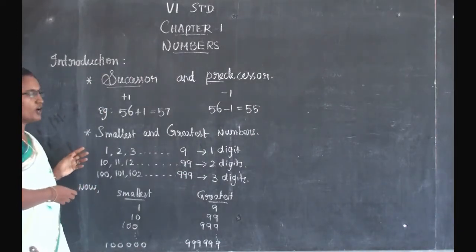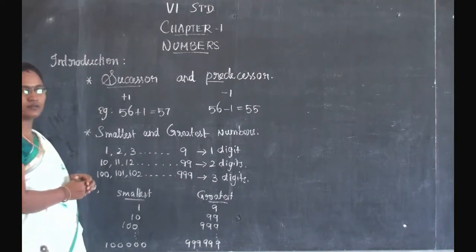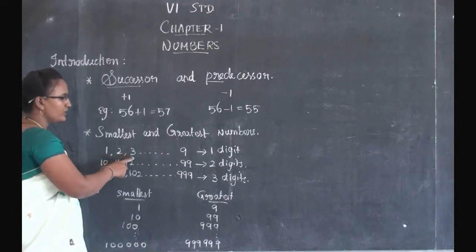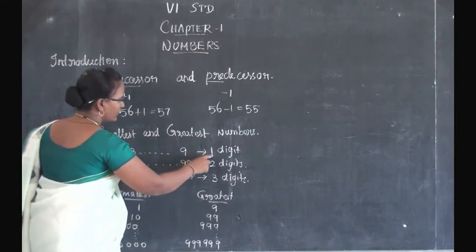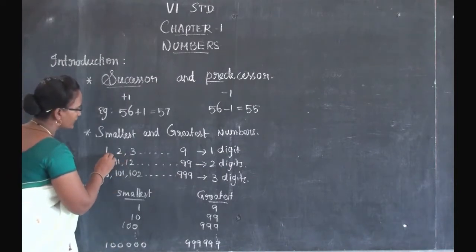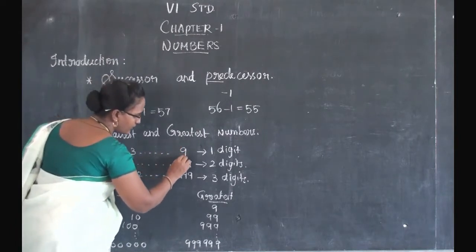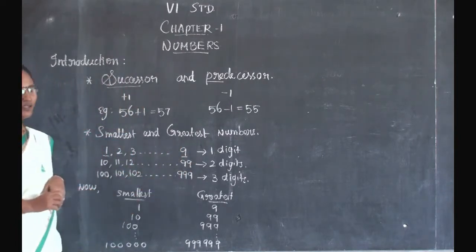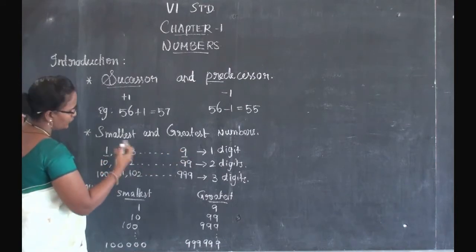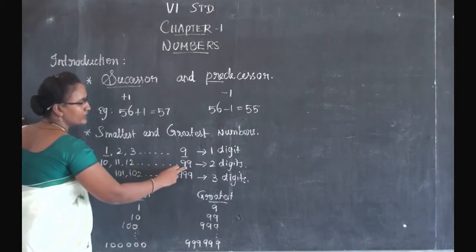And then smallest and greatest number. How will you find out the smallest and greatest number? Numbers 1, 2, 3 up to 9, these are one digit numbers. Which one is smallest in here? In one digit numbers, 1 is the smallest number and 9 is the greatest one. And then after 9 it becomes 2 digits, that is 10, 11, 12 up to 99.